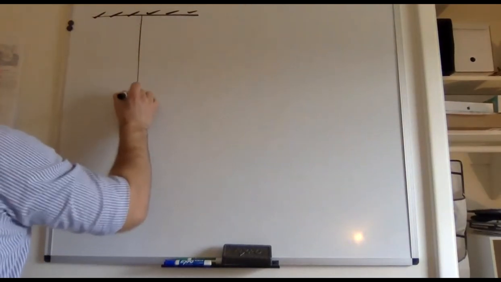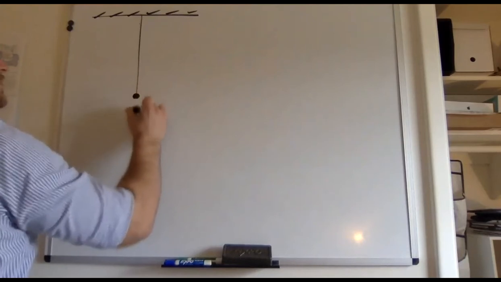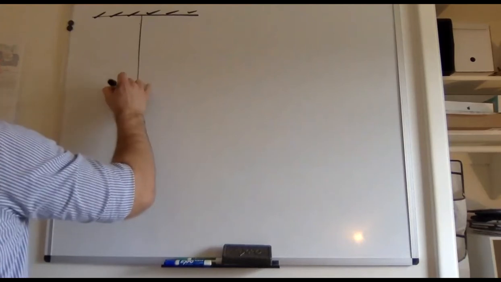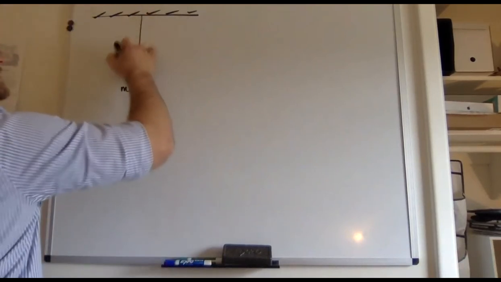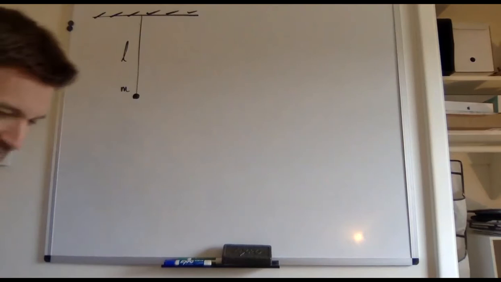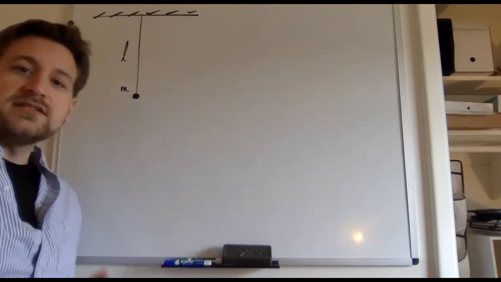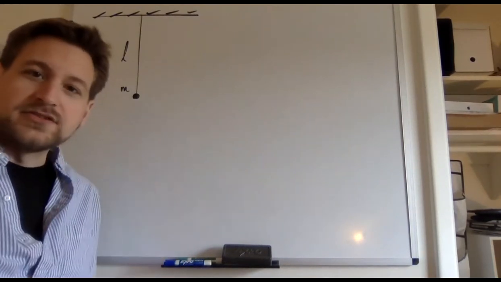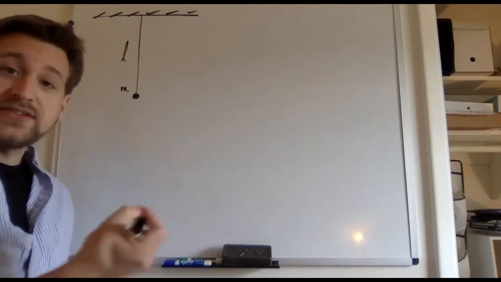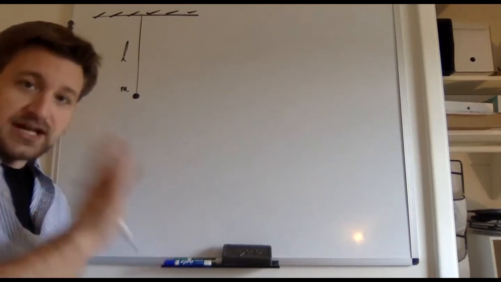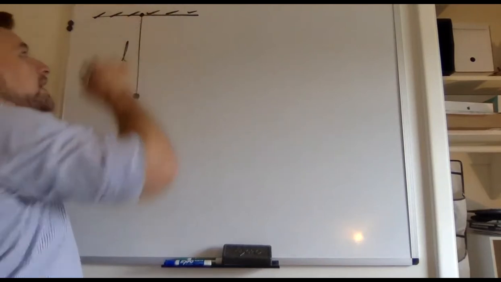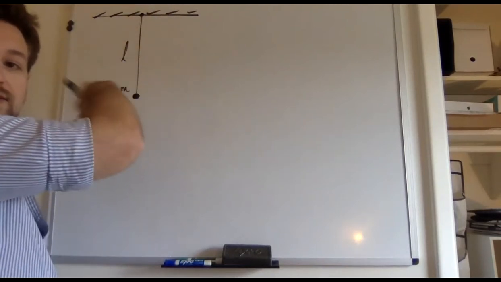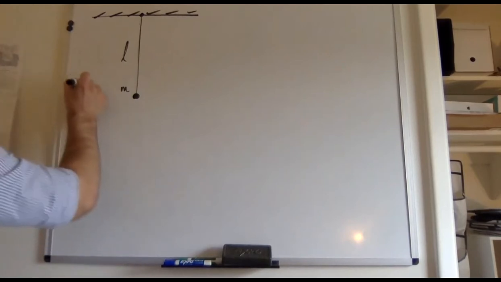In a simple pendulum, we're going to assume that there's a mass m at the end of a string that has a length L, and that the string's mass is negligible compared to the mass at the end, it's irrelevant. What we've got is a mass L away from a point at which the whole thing rotates around.